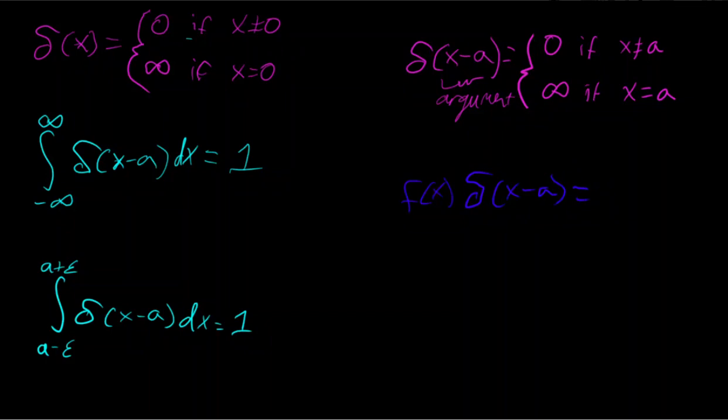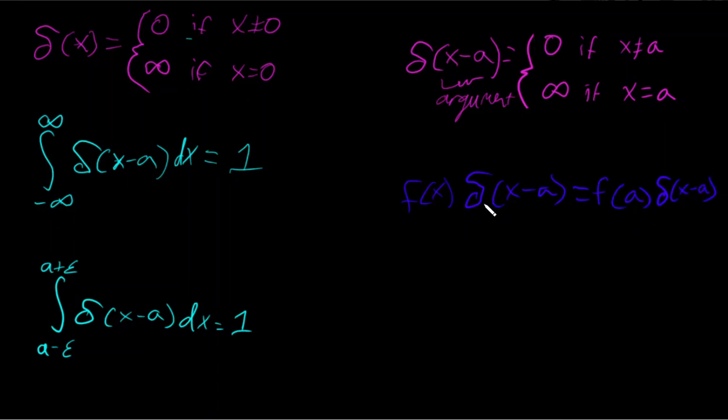When x does not equal a, this thing is just 0, right? The only time that this term will not equal 0 is when x equals a, so this would mean that this is the same thing as f of a times delta of x minus a.